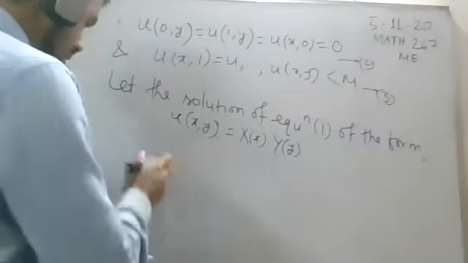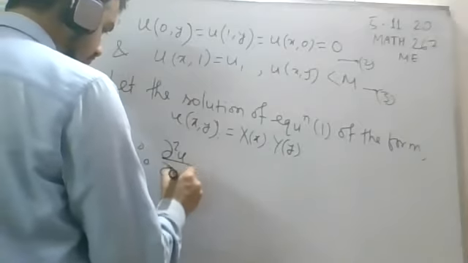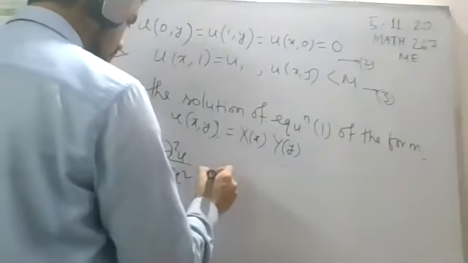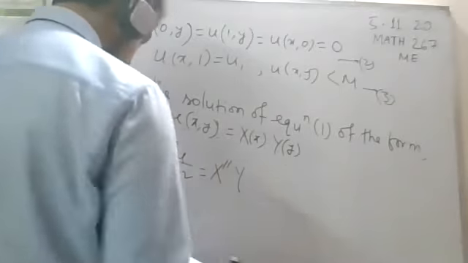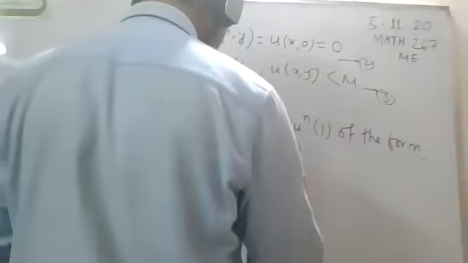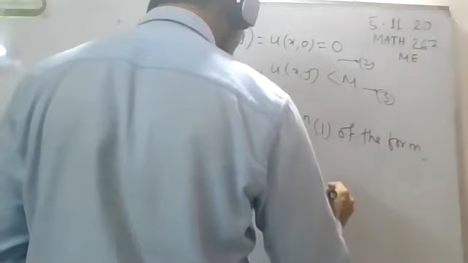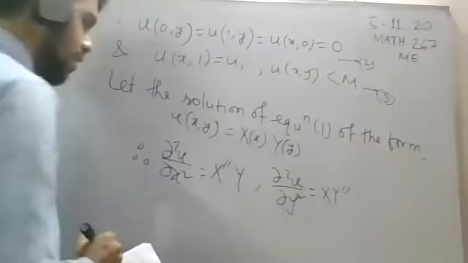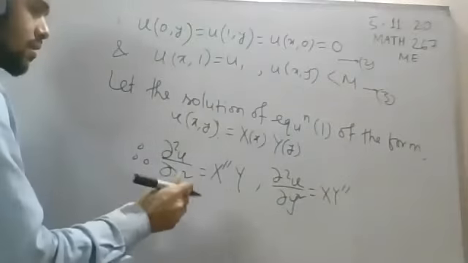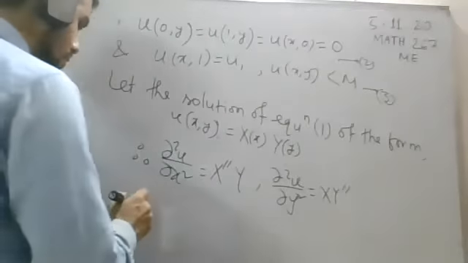So here you can say del square u by del x square equals X double prime Y, and also here del square u by del y square equals X Y double prime. Okay. Now just put these in your equation 1.